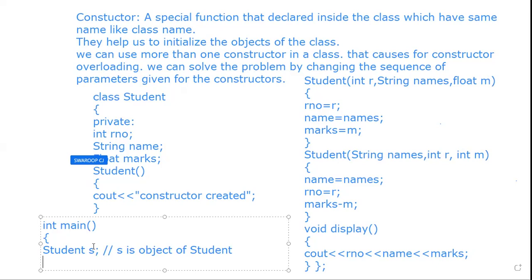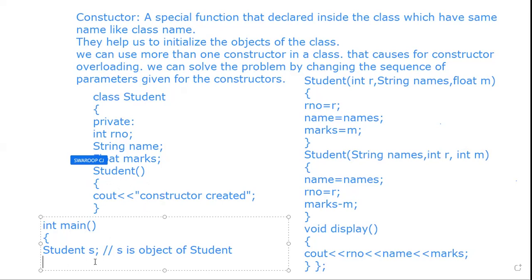So it cannot understand which constructor has to be called. What you have to do here is check whether you are passing any parameters or not. So here I'm not passing any parameters. Whenever you are not passing the parameters, by default it takes the default constructor. If you give some values after the object name, it will call either this one or this one. If you say simply student S1, what will happen? This will call the default student constructor here.